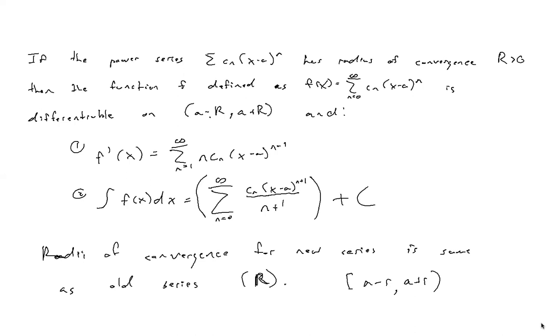Again, I think this is clearer if we see an example. Let's go ahead and see an example. The one I did for the derivatives was our original series, the sum of x to the n, equals this function. Let's stick with this one for now, and we'll do a couple more.